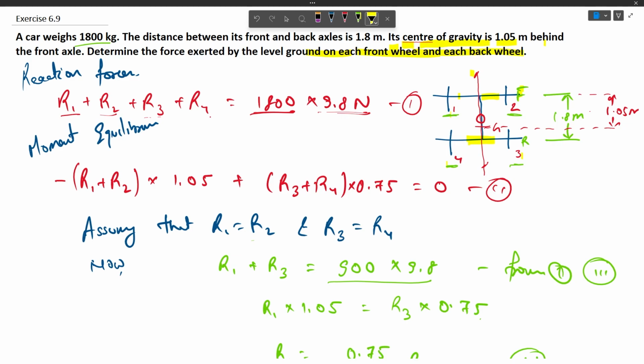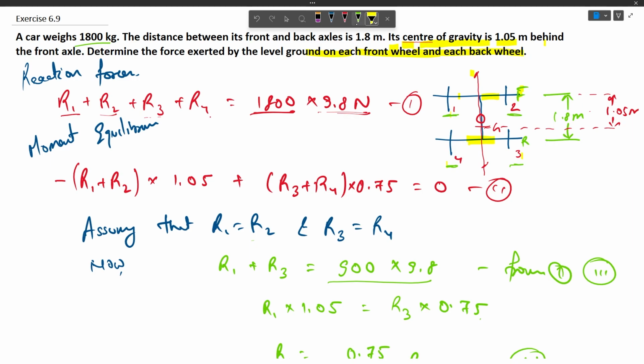Now since the car is also not rotating, so the moment must also be 0. So taking moment about this point G, that is the center of gravity, we will get this front reaction from the first two wheels will be trying to rotate the car clockwise.